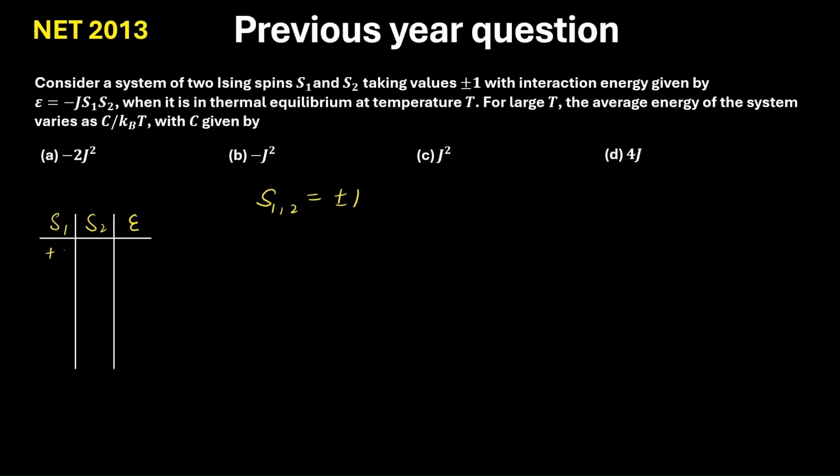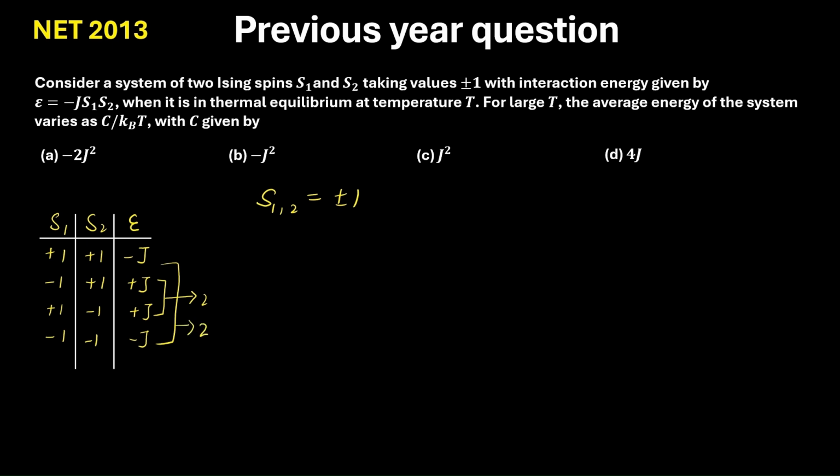So when this takes +1, +1, energy will be minus J. When it takes -1, +1, it will be plus J. When it takes +1, -1, it will be plus J. When it takes -1, -1, it will be minus J. So there is a degeneracy here, we can see. Here a degeneracy of 2 and here a degeneracy of 2.